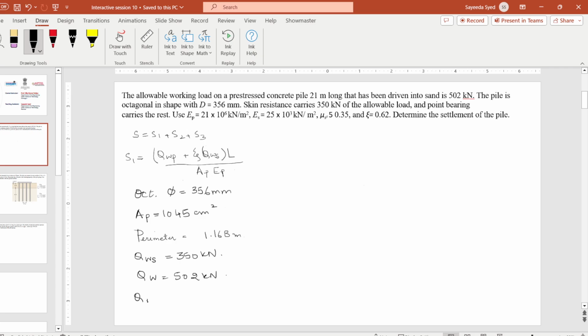Therefore, working load is equivalent to the working load carried by the pile shaft plus the pile tip. So our QWP will be equivalent to 502 minus 350, which will be 152 kilonewton.